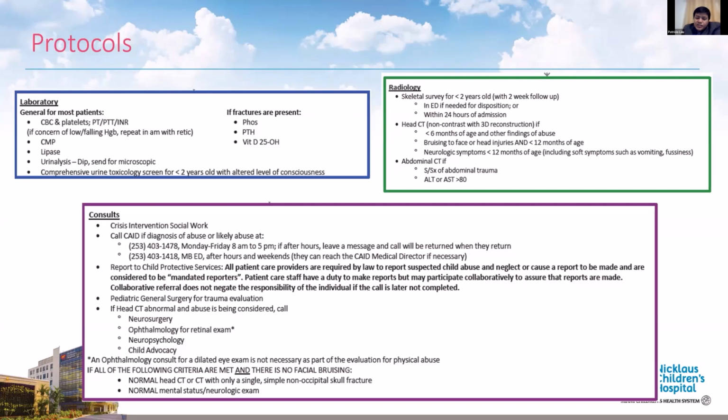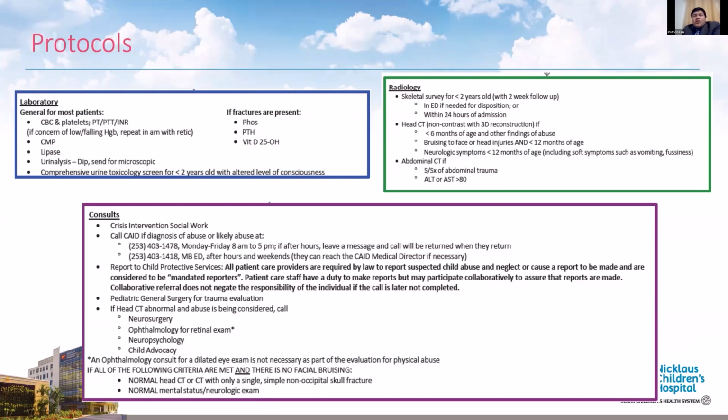In terms of consultation, like somebody else mentioned, if you're a center that usually doesn't see children, consult a pediatrician, and, as somebody else mentioned as well, a social worker. A lot of places have social workers that are specialized in abuse.